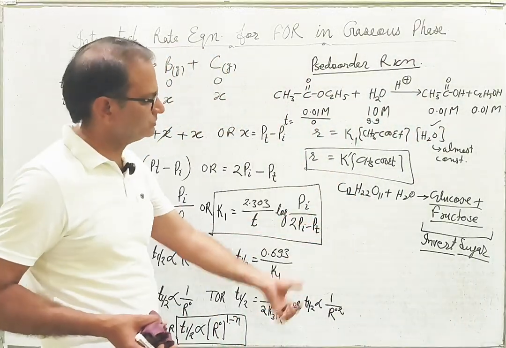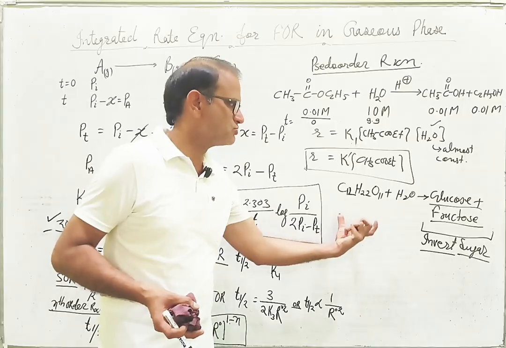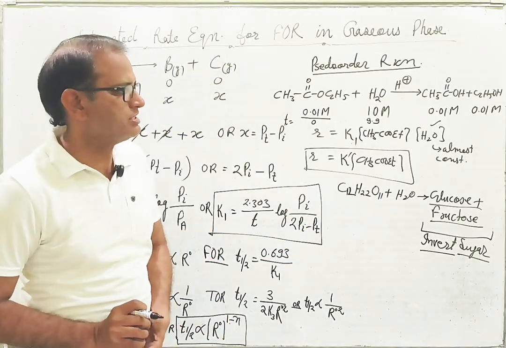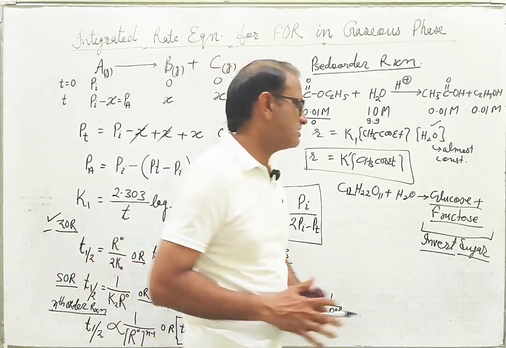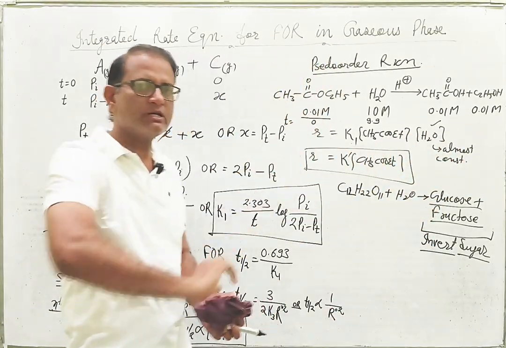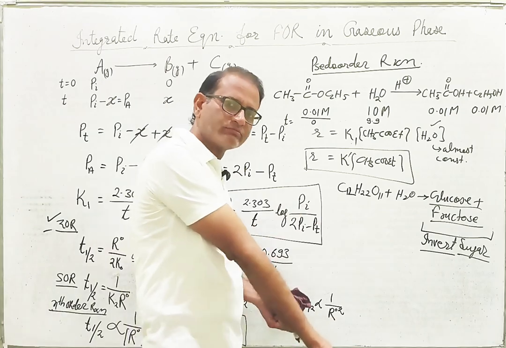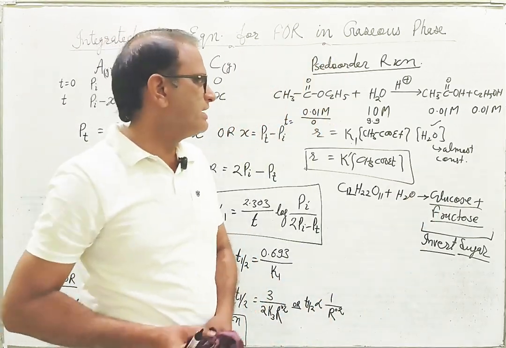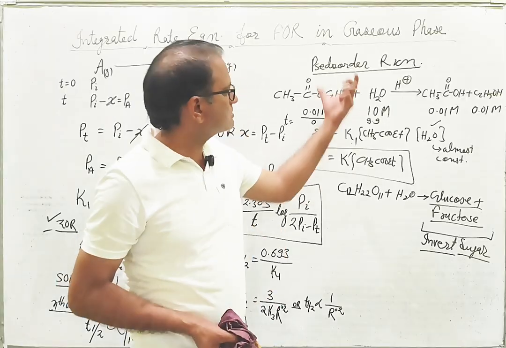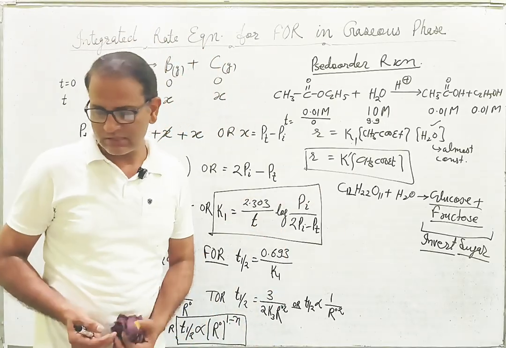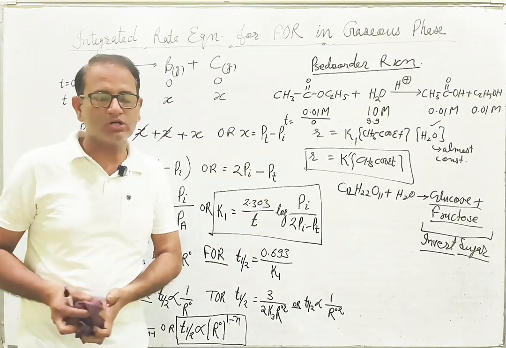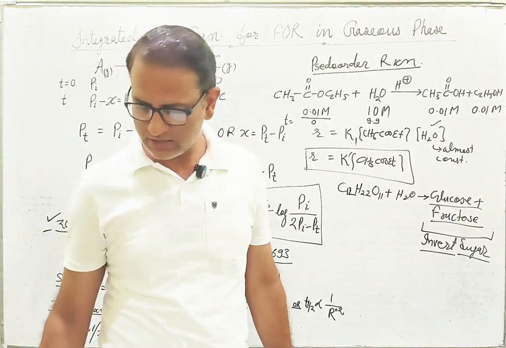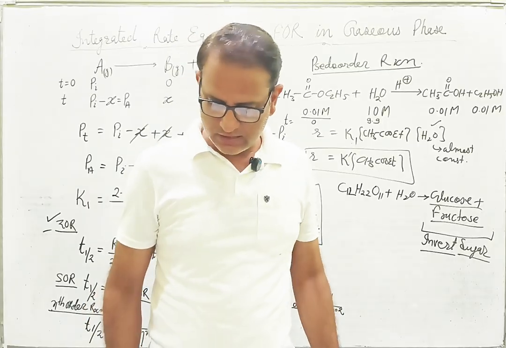Because the optical rotation of this cane sugar is opposite from the mixture of glucose and fructose, meaning the rotation of plane polarised light is inverted in this reaction. That is why this is called inversion of cane sugar. So this is how we can discuss pseudo order reaction and pseudo first order reaction. I think you understand this one.